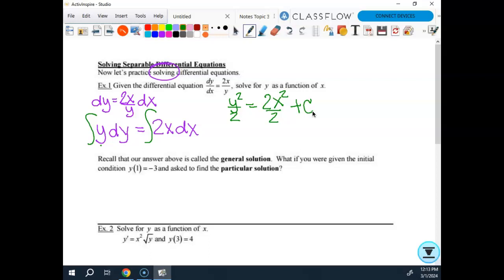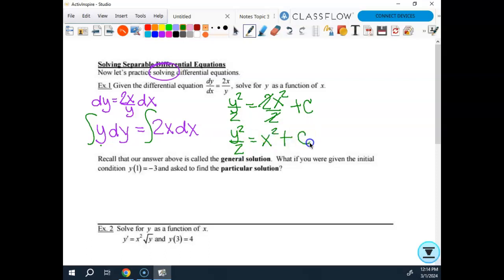All right, so then these do cancel out. We agree with that? Then what can I do here? If I'm trying to get y by itself, what can I do? Multiply by 2, right? So these canceled out. Maybe I should rewrite it. So we got y squared over 2 equals x squared plus c.